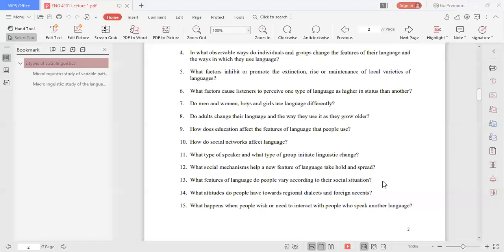So this is another thing: why our behavior or attitudes towards people change based on regional dialects and foreign accents. Then what happens when people wish or need to interact with people who speak another language? For example, if I want to speak with an Indian, since we are in the bordering area, I'm giving you an example from India.